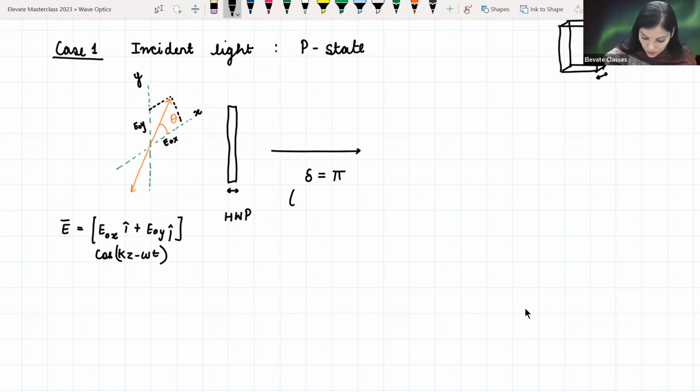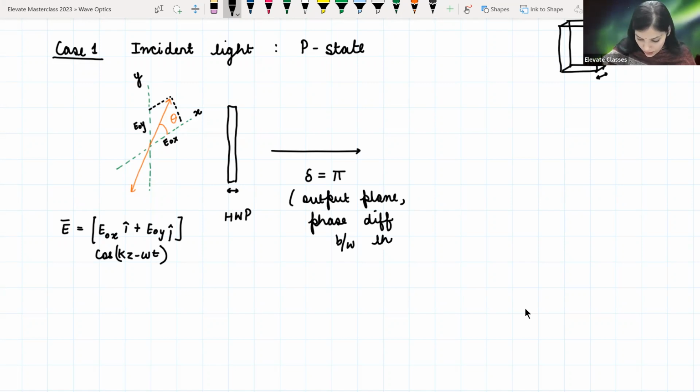Okay, so this delta here means the phase difference between the two components in the output plane. So now what will actually happen is that my electric field will get rotated by an amount of 2 theta, rotated about the optic axis.